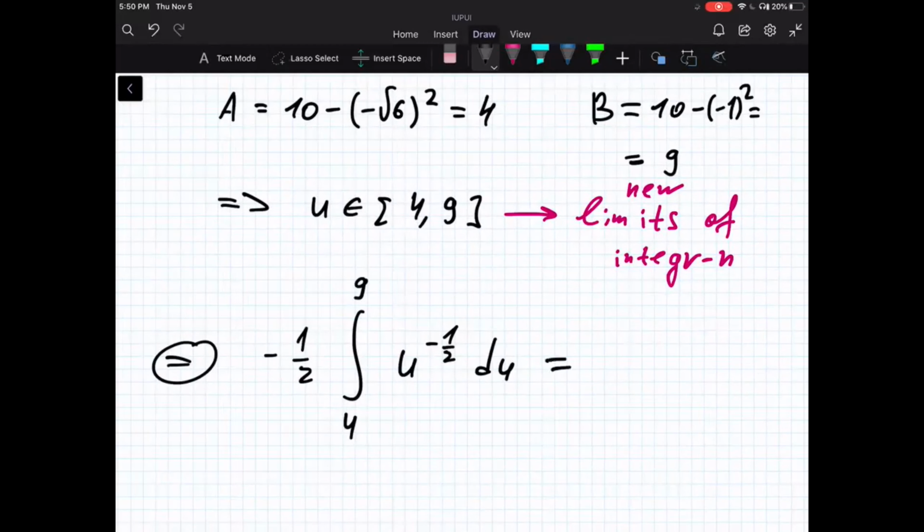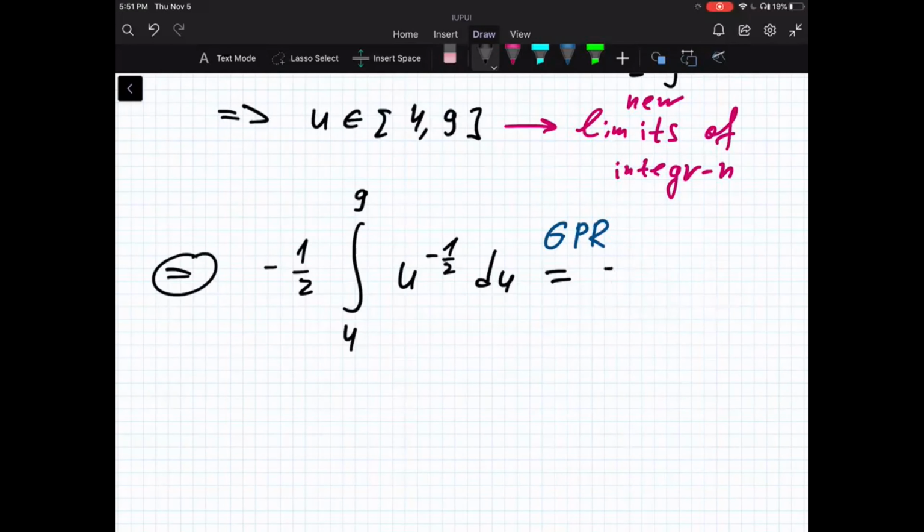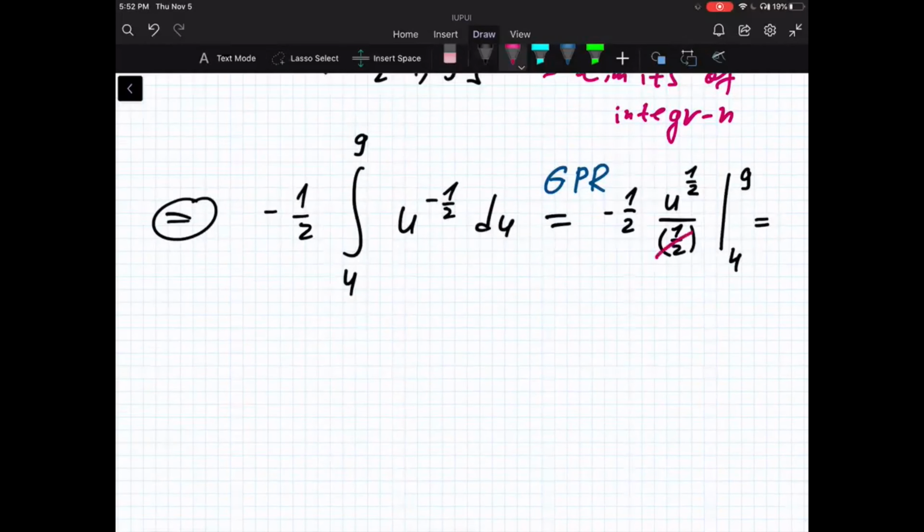And using general power rule for integral, I obtain that it is minus 1/2 u to the power minus 1/2 plus 1, which is 1/2, divided by 1/2, and I need to substitute from 4 to 9. And I see some cancellations, and thus I will get minus square root of u, substitution from 4 to 9.